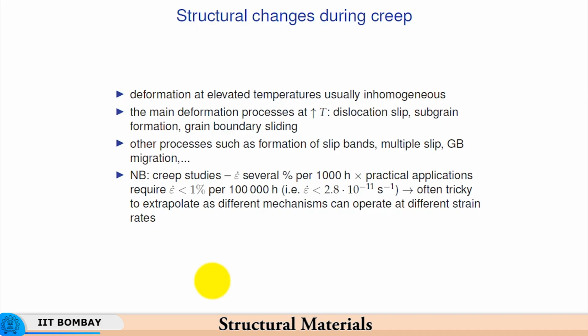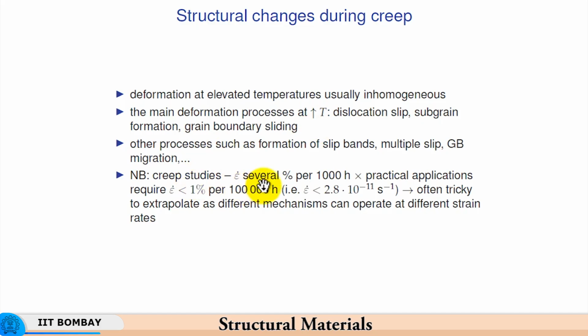So, this deformation would be around equicohesive temperature, maybe slightly higher than that. So, that you have some grain boundary activity, some activity at the grain boundary due to diffusion related processes. So, you have a coexistence of dislocation mechanisms as well as the viscous effects being generated at the grain boundary. So, subgrain formation and grain boundary sliding are the outcomes of the grain boundary becoming softer.